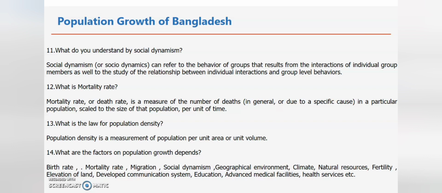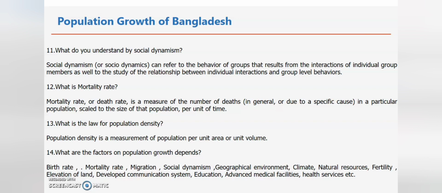Yes, the population growth depends on birth rate, mortality rate, migration, social dynamism, geographical environment, climate change, natural resources, fertility, elevation of land, developed communication system, education, advanced medical facilities, health services, etc.